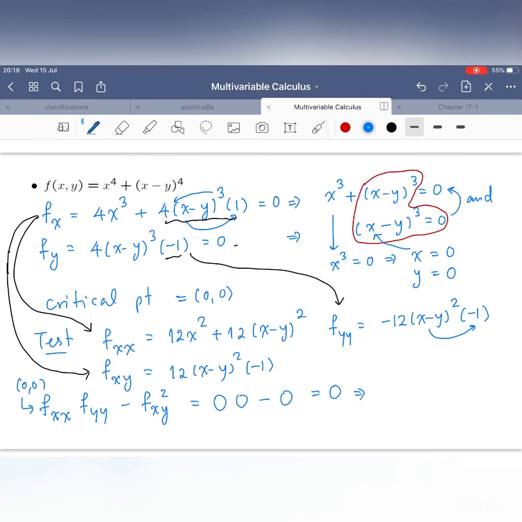At this point, we cannot conclude anything about this critical point. You cannot conclude. If you really want to conclude, then you may need to have some other analysis, or you need to draw this kind of curve to see whether it will give you a max or a min, or still give you nothing.